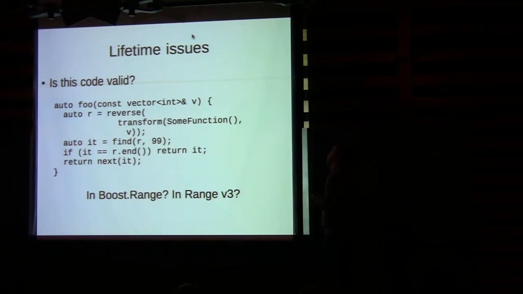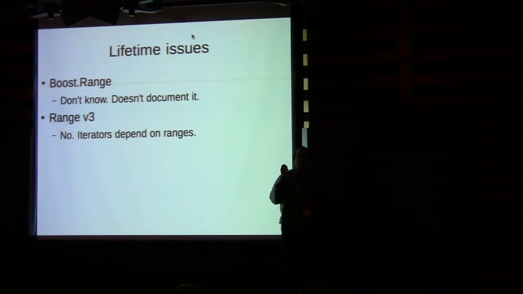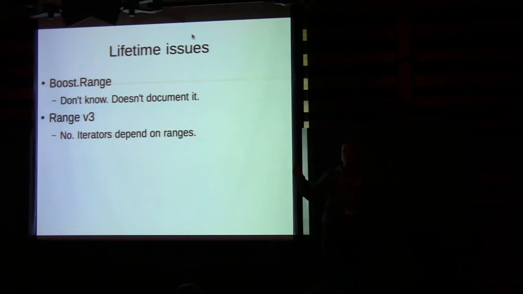In Eric's library, though, no. Because in Eric's library, an iterator references the range it was taken from. So when the range goes away, the iterator is invalid. It's a design choice. It's a good thing in some regards, because that means the transform iterator doesn't have to carry around the projection function. The projection function is stored in the range.